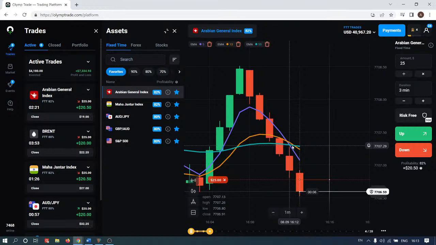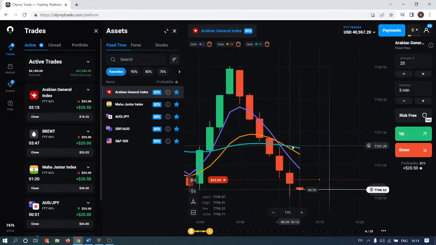It all depends on your trading experience, and sometimes it's okay to open trades 2 or 3 candlesticks past the signal. But at the same time, sometimes you want to be a little bit more accurate with opening trades. So I don't know, it all depends.